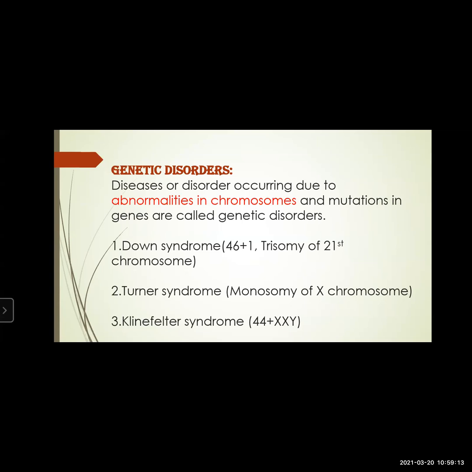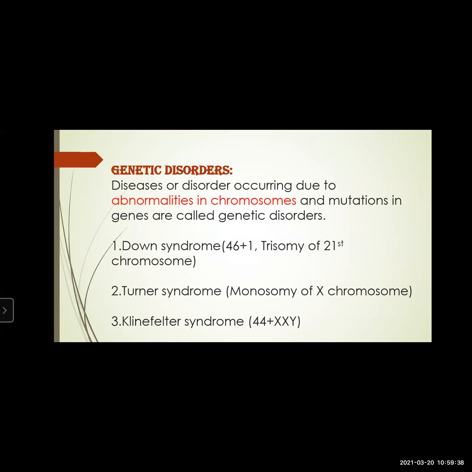Down syndrome. So I'll tell you in short, Down syndrome is a disorder arising due to chromosomal abnormality. And this was the first discovered chromosomal disorder. In Down syndrome, it is described as trisomy of the 21st chromosome, right? So normally the chromosomes are present in pairs.